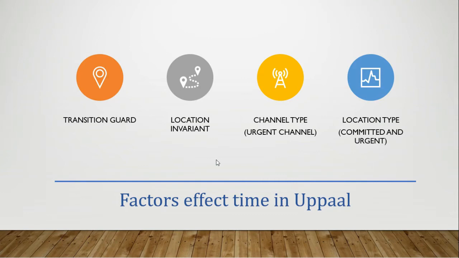The third one is the channel types. For example, if we have a normal channel or an ordered channel, the ordered channel affects the time. The same goes for the location types. Committed and ordered locations are different from normal ones. Both the normal channel and normal location can affect the time.